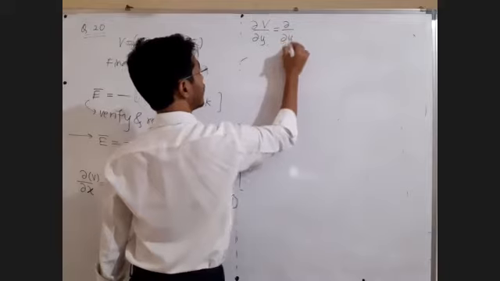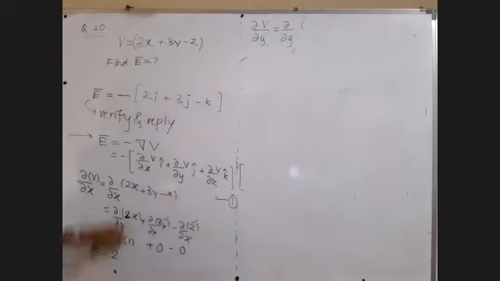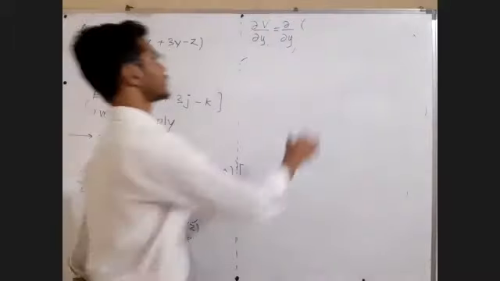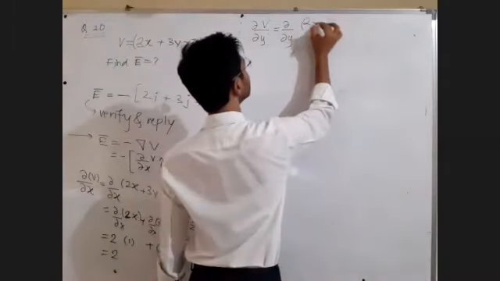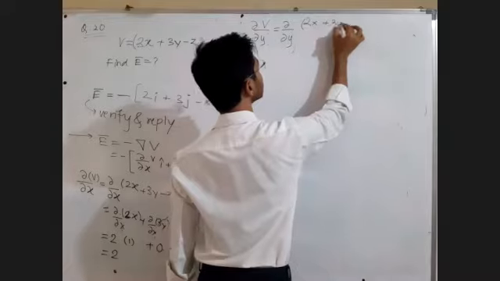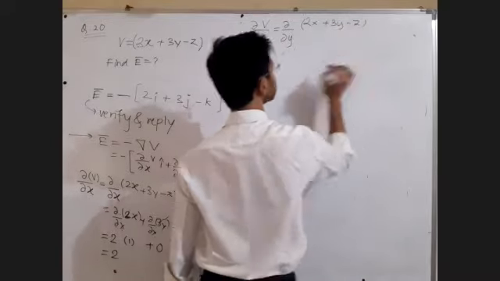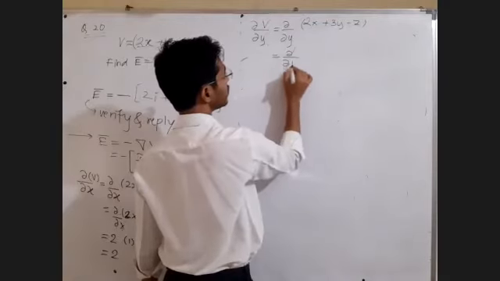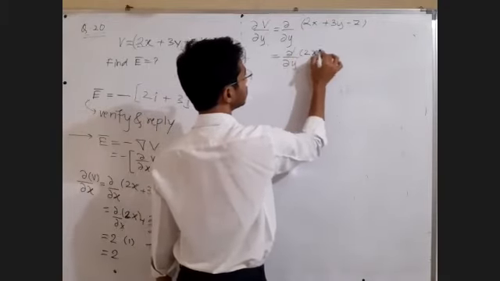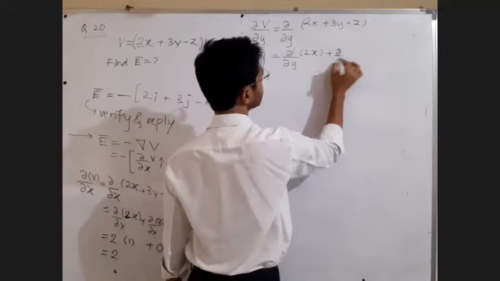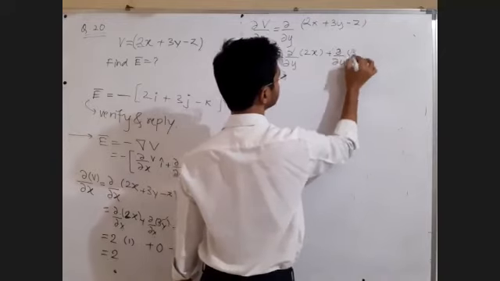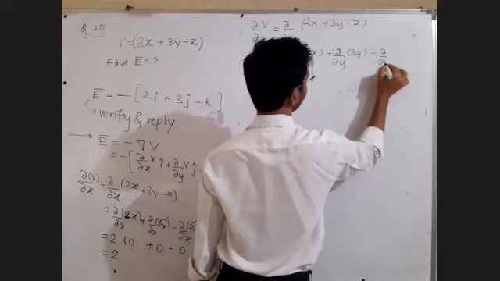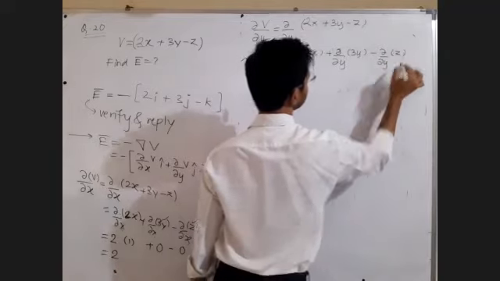Dou by dou y of V. V is equal to 2x plus 3y minus z. The derivative of each term can be found out separately: dou by dou y of 2x, plus dou by dou y of 3y, minus dou by dou y of z.